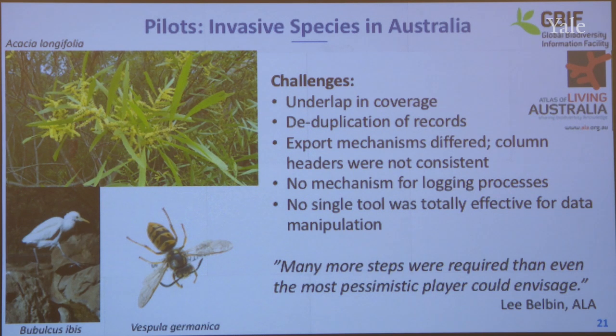So when you perform various activities through one of these cyber infrastructure organizations, there was no real way to track what you had done. So it was all essentially a manual process. And then lastly, there was no single tool that was effective for manipulating the data, and that was one of the reasons for having to export all the data and then, more or less manually, integrate data from the two different infrastructures.